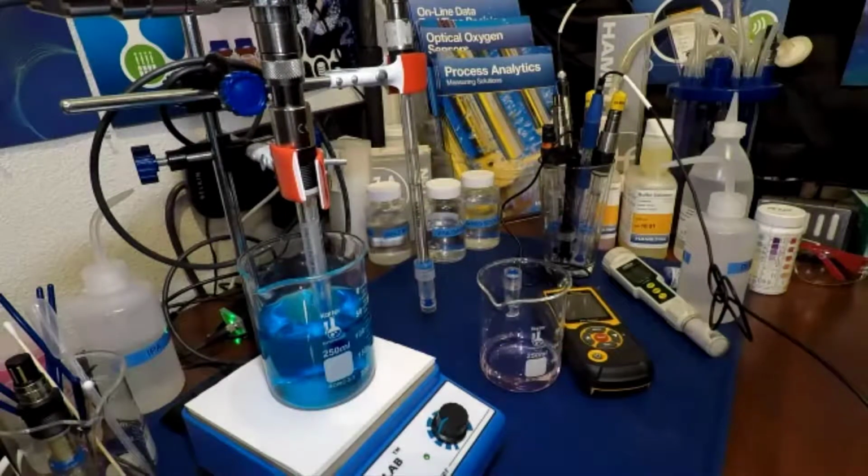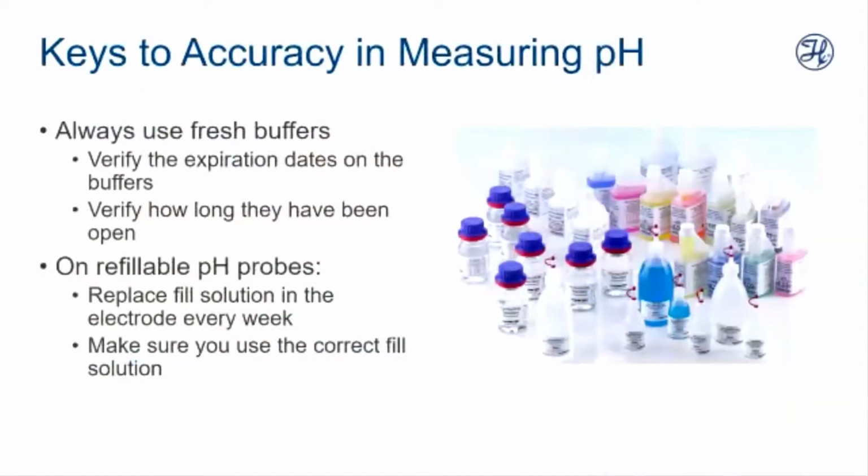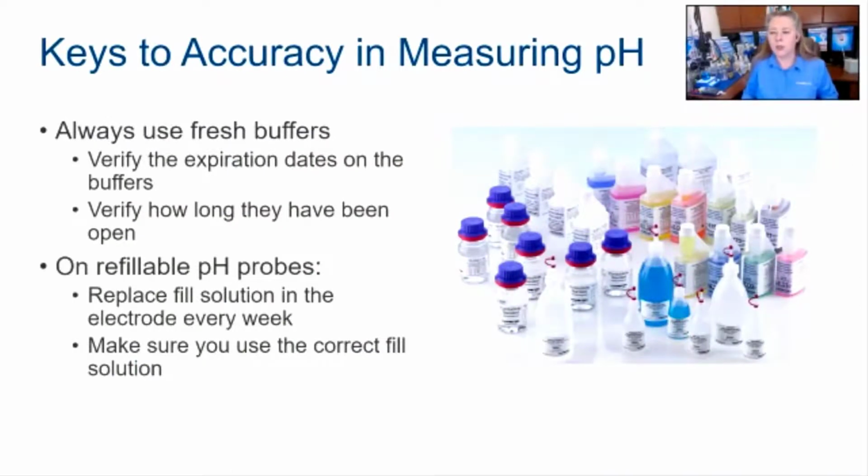If you have a refillable probe, you need to make sure you use the correct electrolyte for your sensor. This is one of those few times that I am a brand person. If you buy a probe from any manufacturer, they will specify an electrolyte for that specific pH sensor. If they have 25 different sensors, they may have 25 different electrolytes.